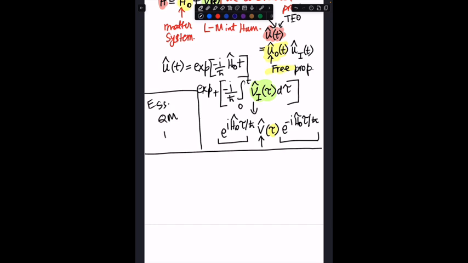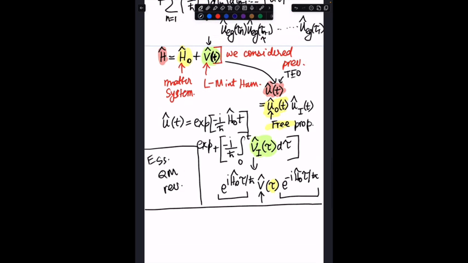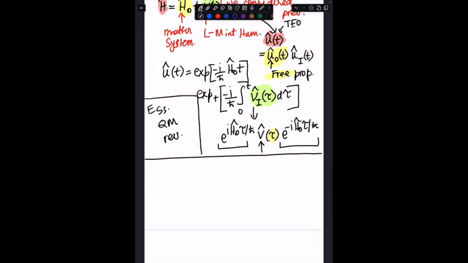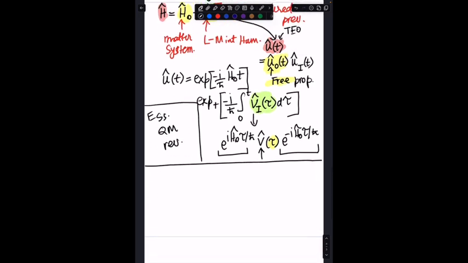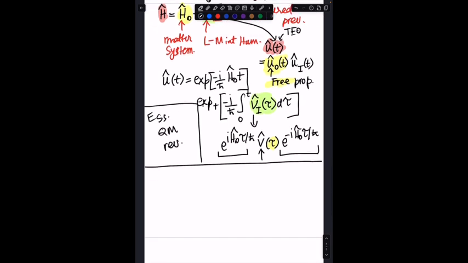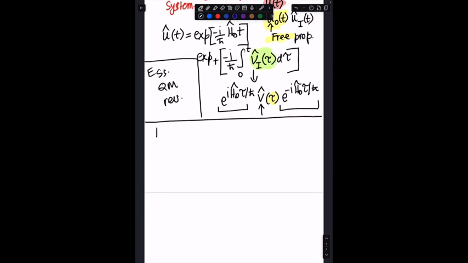Now, let's use the same principle to treat the system-bath coupling as a perturbation. I'm sorry if I wasn't too specific or didn't explain this really well in the previous video, so I wanted to do a better job at it. So now if you consider your matter system, you write it as your system Hamiltonian and your bath Hamiltonian and your system-bath coupling. And then the system-bath coupling does not have any explicit time dependence before it is treated in the interaction picture.